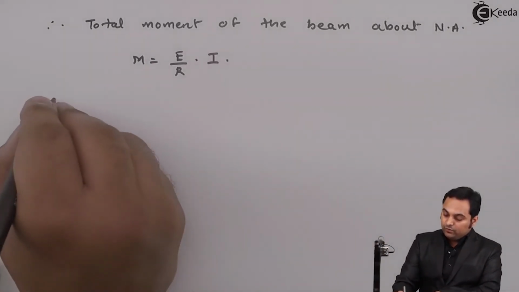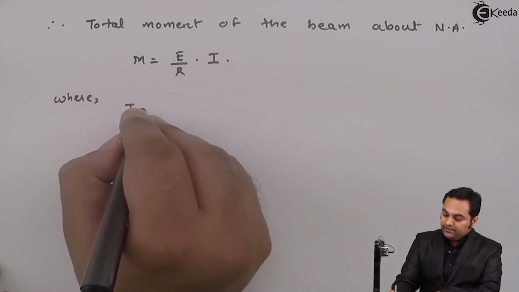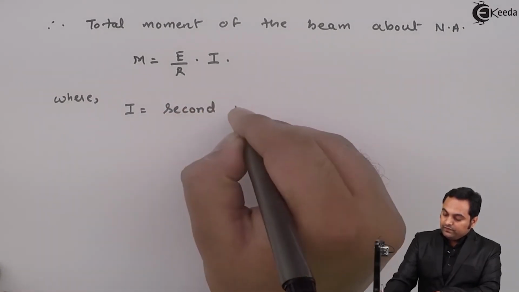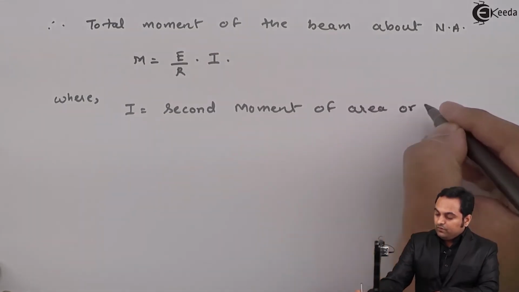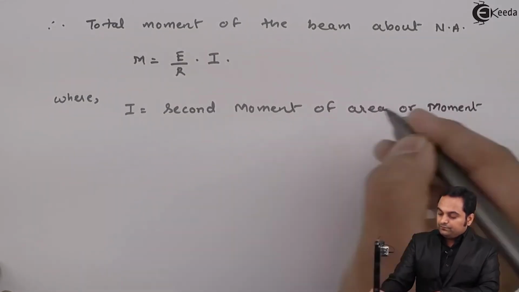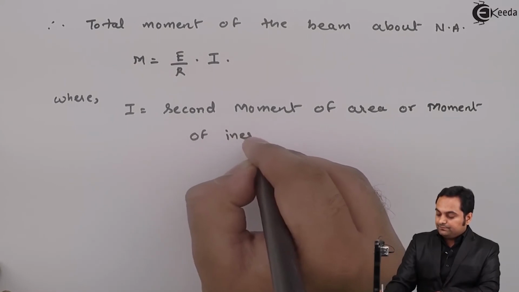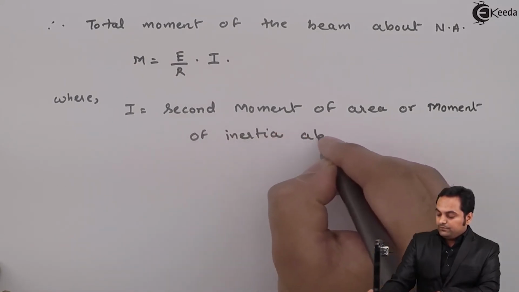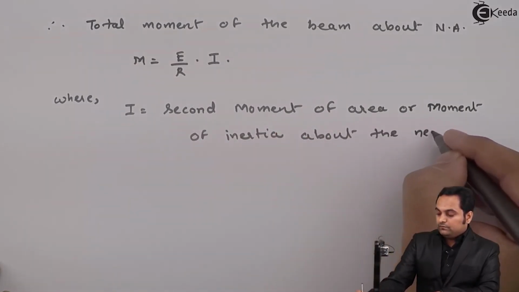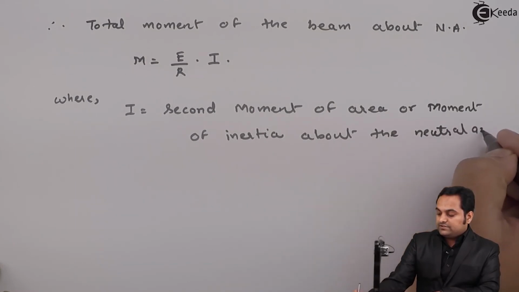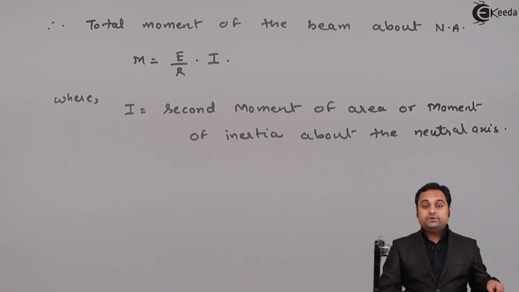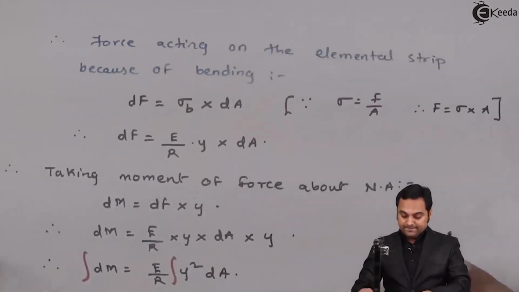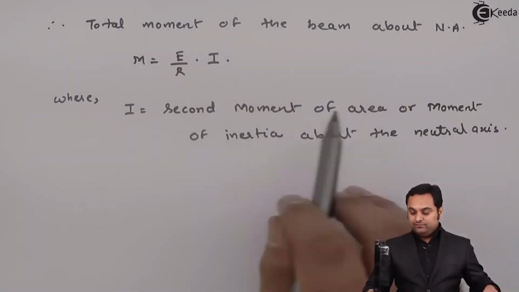So I'll write down where I is equal to second moment of area, or it is called as moment of inertia about the neutral axis.